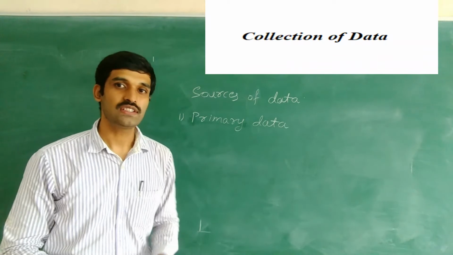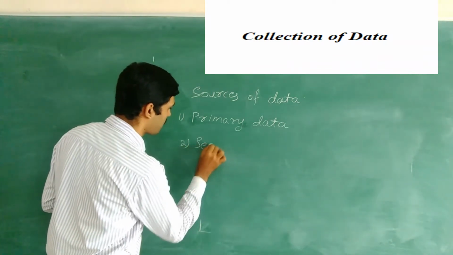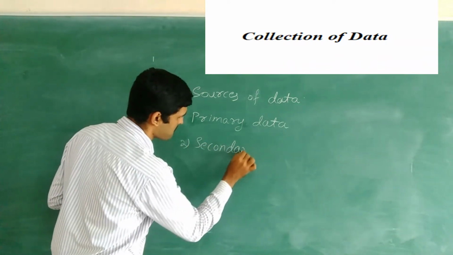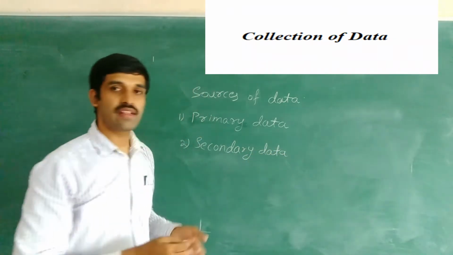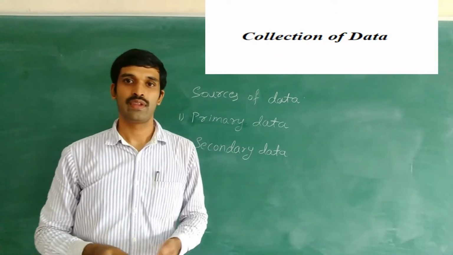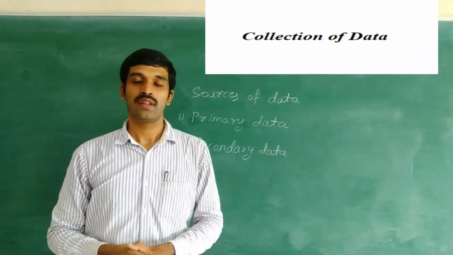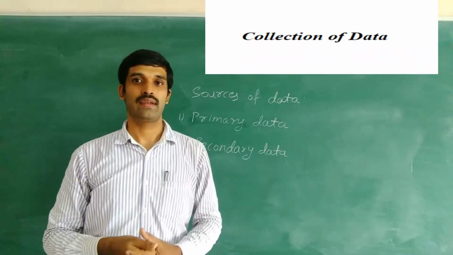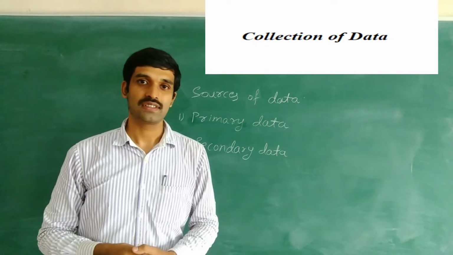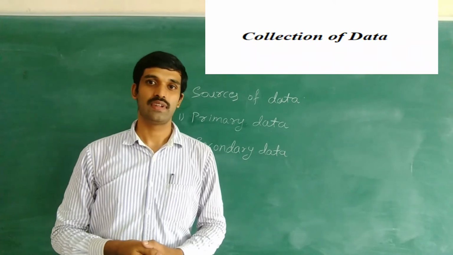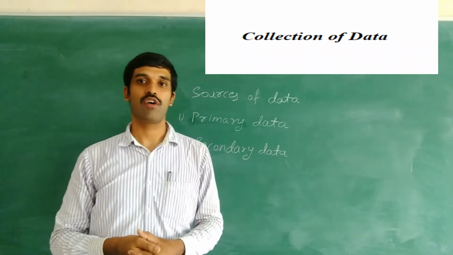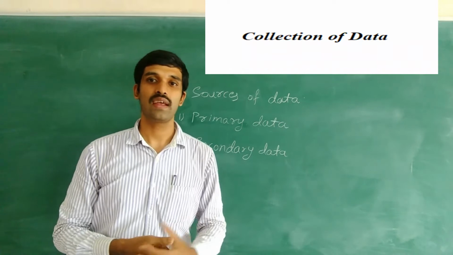And the second one is secondary data. This is the other main source of data. The data which is already collected or processed by some other agency are called secondary data. The data for which a survey has already been conducted by some other agencies.